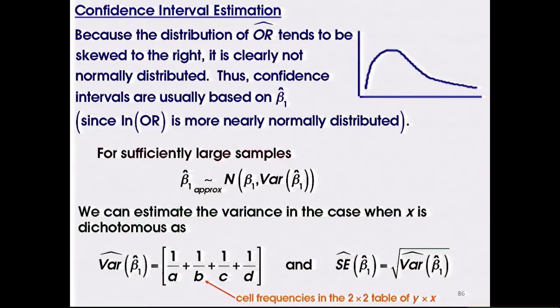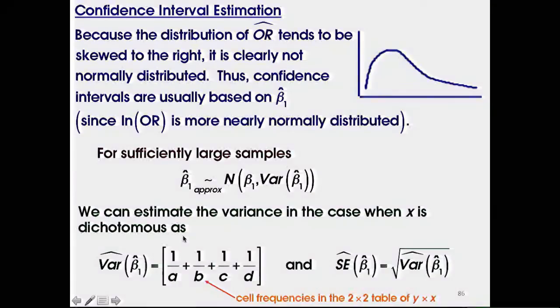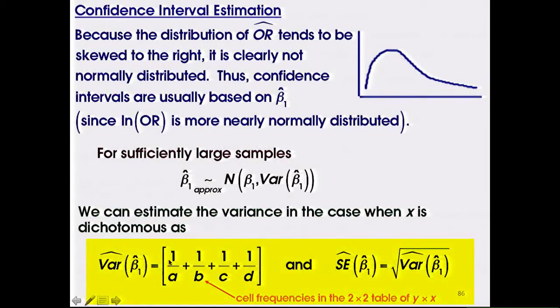So epidemiologists have traditionally built the confidence interval based on the log of the odds ratio, because that's more nearly normal. The log of the odds ratio is beta hat 1, and that's approximately normally distributed, with mean the true log odds ratio and the variance of the log odds ratio. What helps us out a lot is that it's long been known that the variance of the log of the odds ratio has a fortunate expression.